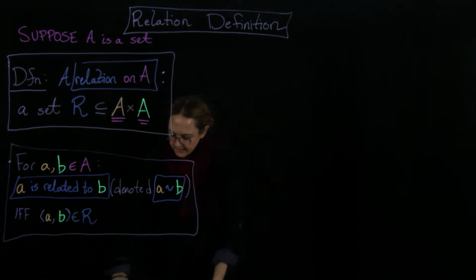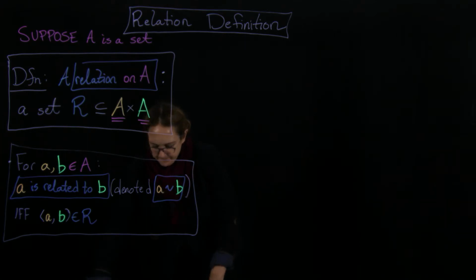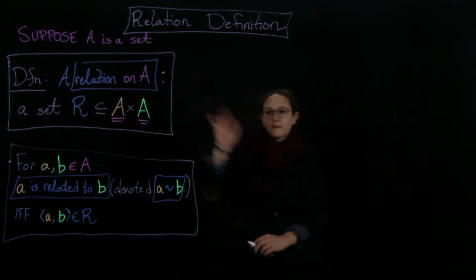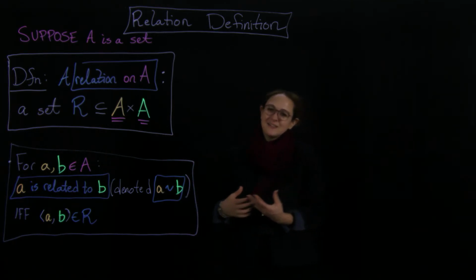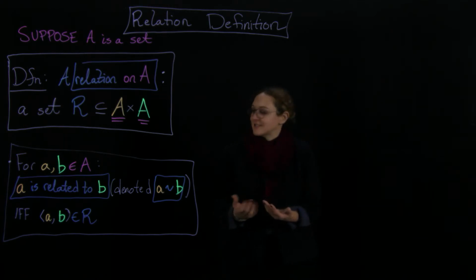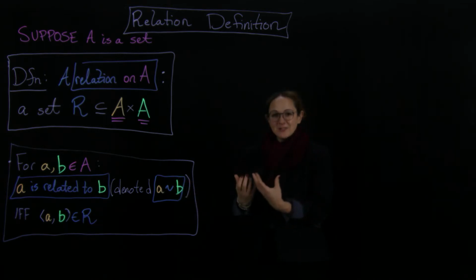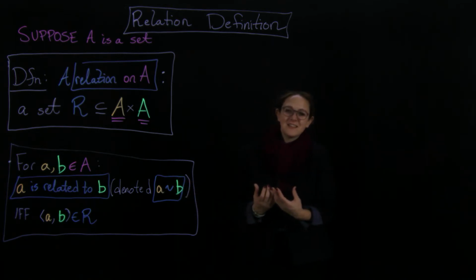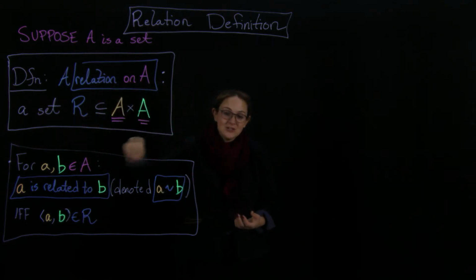So let's talk a little bit about what's going on. In the first one, we're deciding what it means for a to be related to b, capturing that information by having the pair (a, b) be inside this Cartesian product.